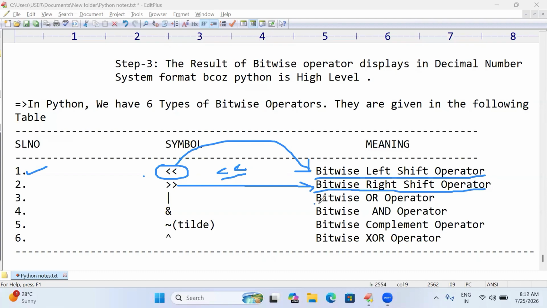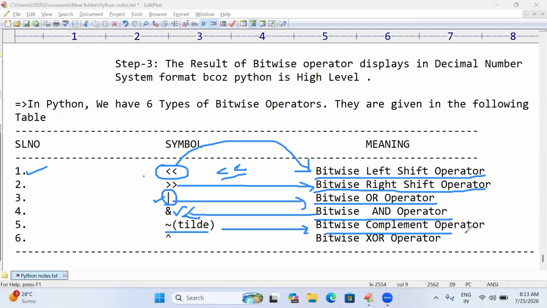The third bitwise operator is the bitwise OR operator, represented by the pipe symbol. To represent the bitwise AND operator, we use the AND symbol. The fifth operator in bitwise operators is the bitwise complement operator, and to represent it we use the tilde symbol.